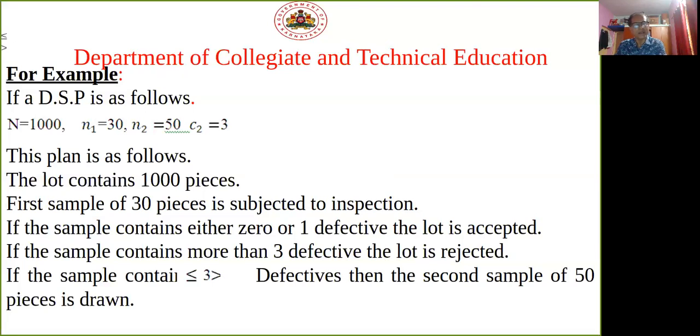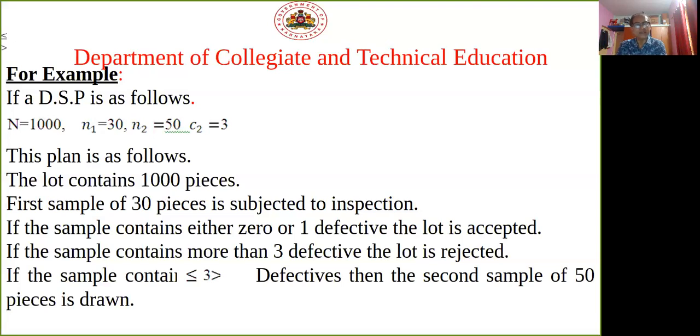It is explaining that if the sample contains either 0 or 1 defective, the lot is accepted. So you pick 30 pieces randomly from the lot of 1000 items, and as c1 is 1, if the sample contains either 0 or 1 defectives, the lot will be accepted.